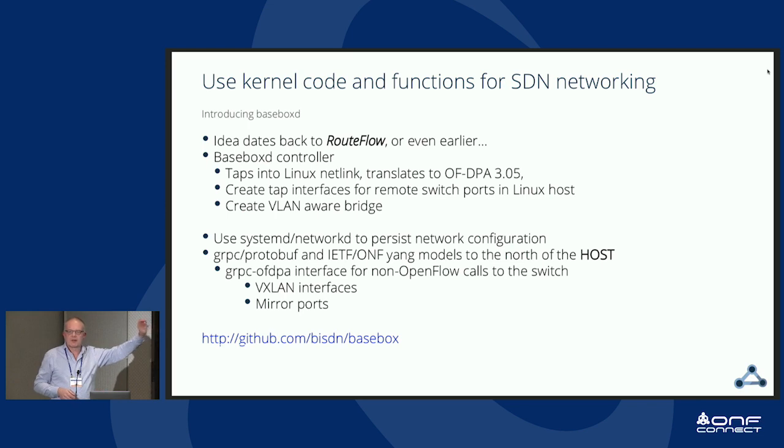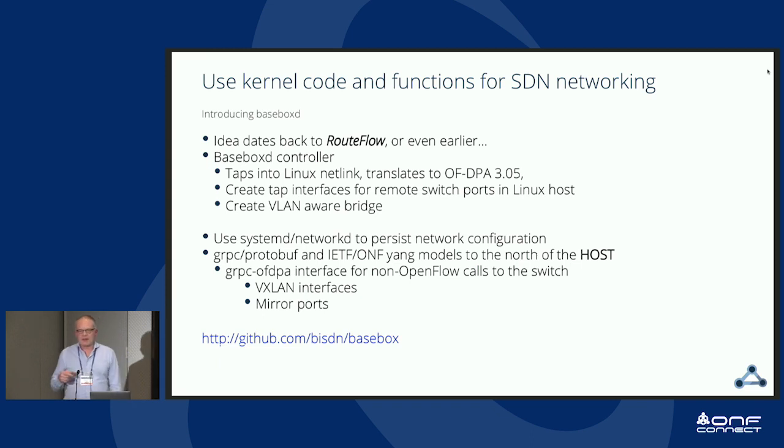So this is the glue that we were missing between the routing engine and the ASIC. We're using OFDPA, and then we have this relatively slim controller that integrates fully into the Linux kernel.